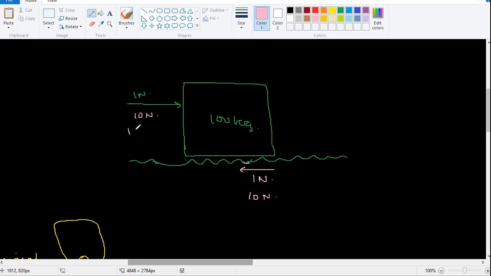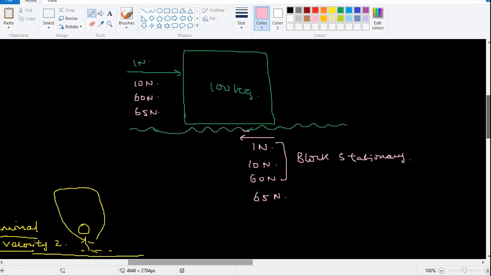If I give, say, 60 Newton, for example, this is also 60 Newton. At some point, I don't know what point, approximately let's say around 65 Newton, up to these points what happened was the block was stationary.